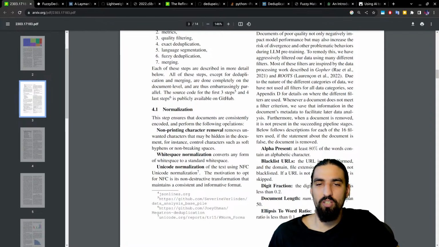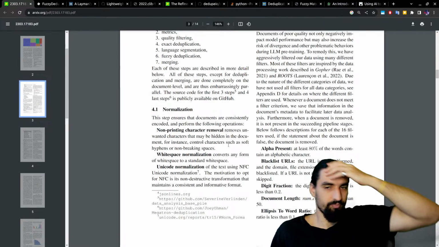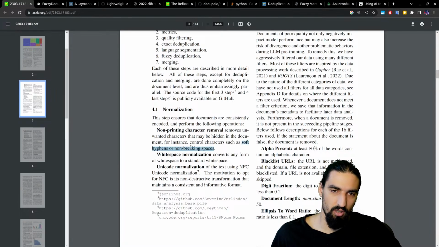This step ensures that documents are consistently encoded and performs the following operations. Non-printing character removal removes unwanted characters that may be hidden in the document, for instance, control characters such as soft hyphens or non-breaking spaces. What's a soft hyphen?